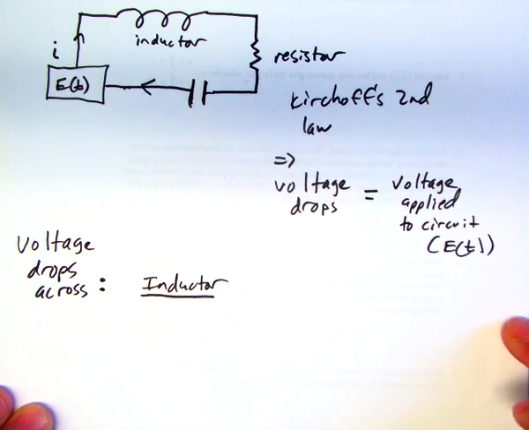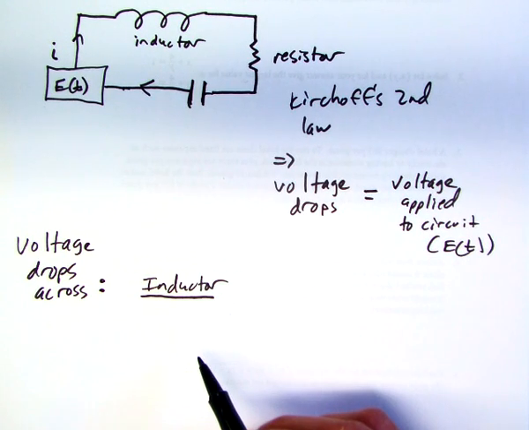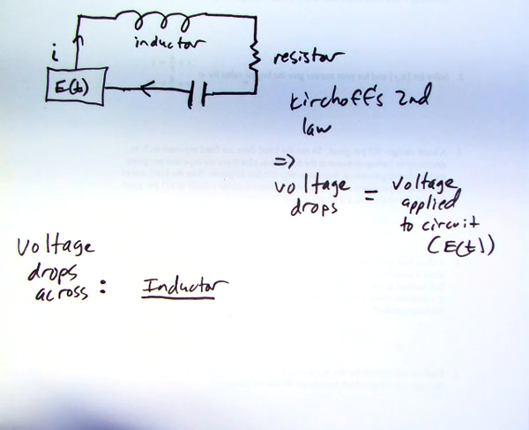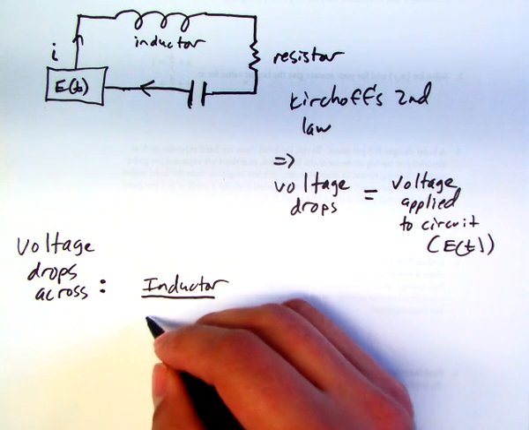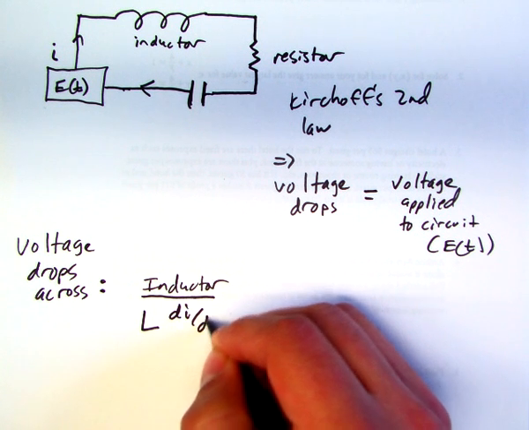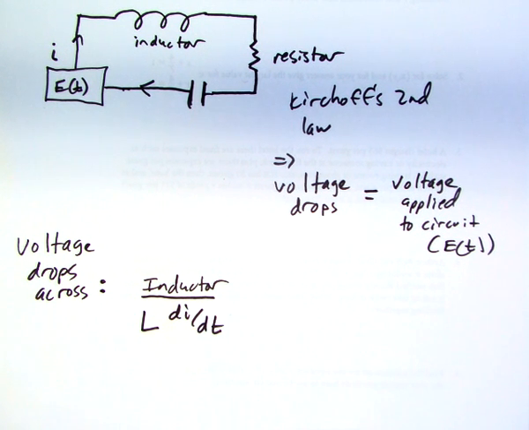Okay, so as it goes through the inductor, you guys remember what the voltage drops equal there to? I will just tell you what it is. L, the inductance, times di dt. Looks familiar or no? Okay.